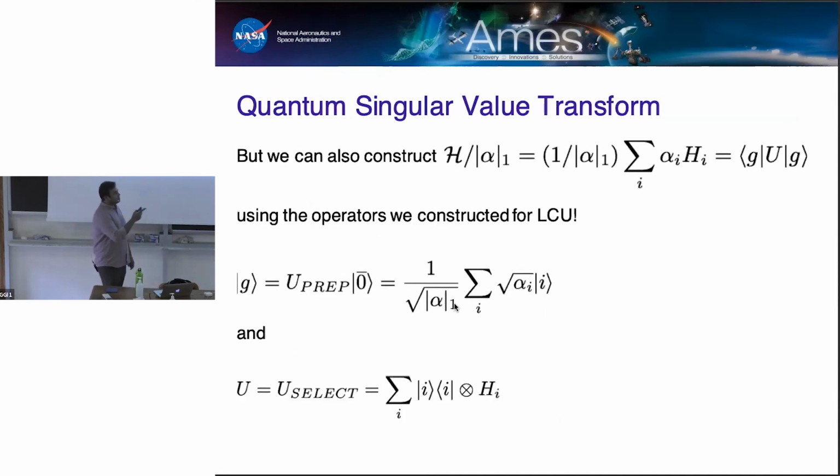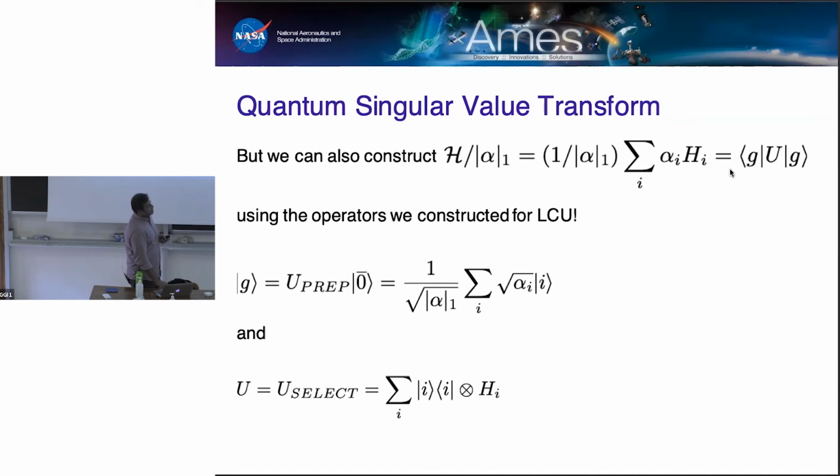We talked about the LCU method and using the UPrep and the USelect circuits. The cool thing is that you can use those unitaries to create a block encoding of H. Of course, when H is a block in some unitary, you have to make sure that its operator norm is bounded by 1, so you have to divide it by this particular norm.